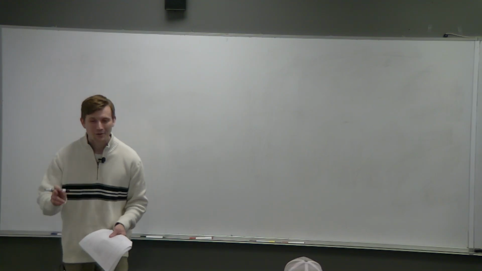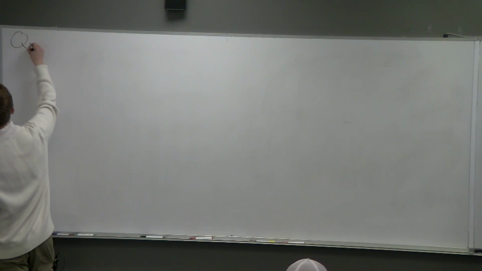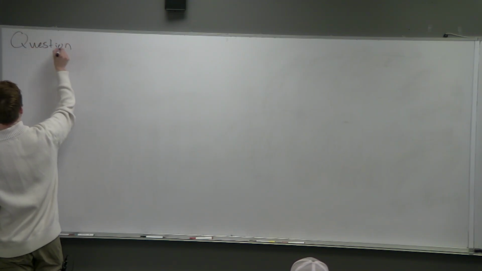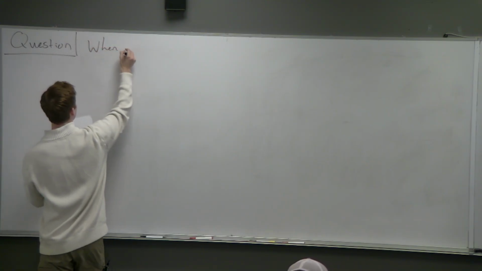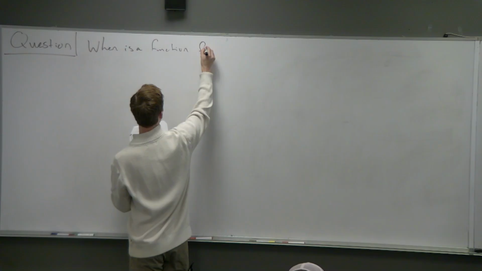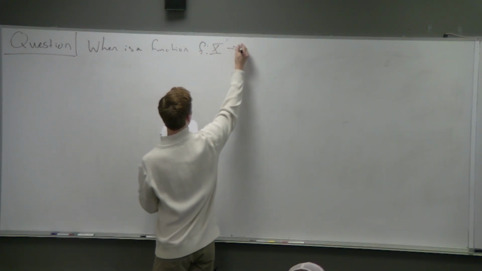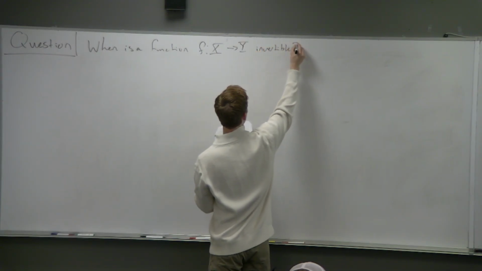Okay, cool. So last time, if you remember, where we left off was with a question. We said to ourselves, when is a function f from a set x to a set y invertible?